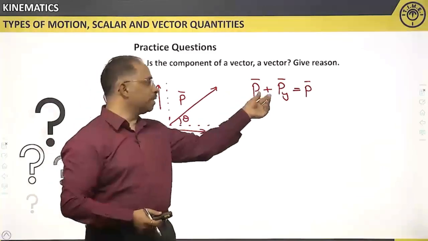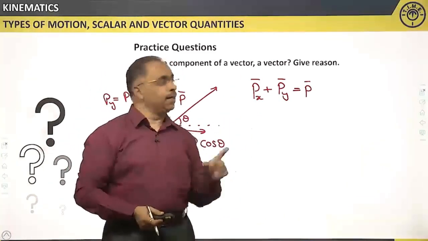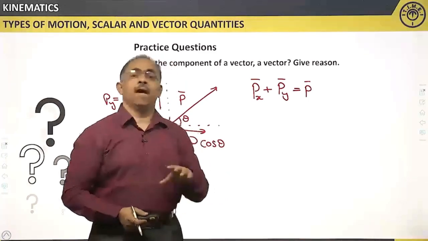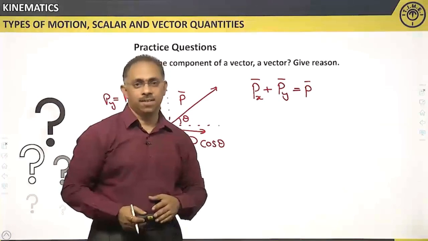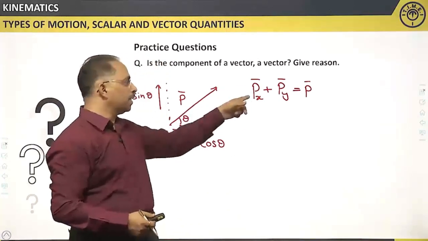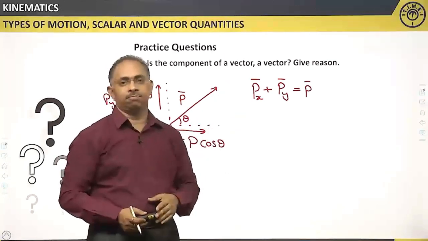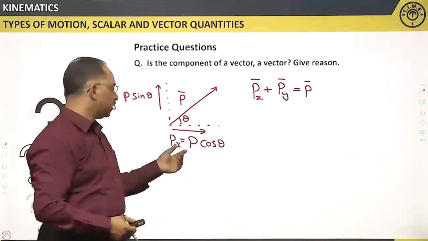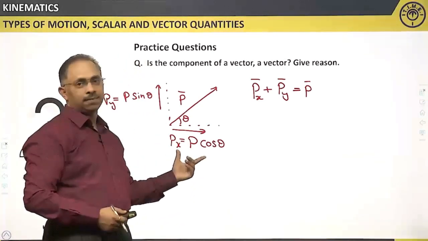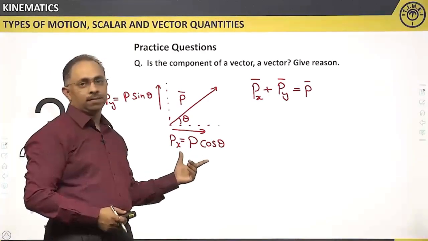So, addition of Px and Py is giving me P. In this sense, it will appear as if Px and Py are also vectors. But when I write Px with a bar above, this will be a vector. But when I say Px simply like this, it is not a vector.